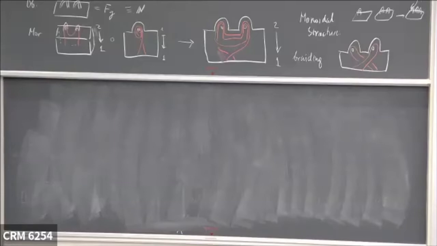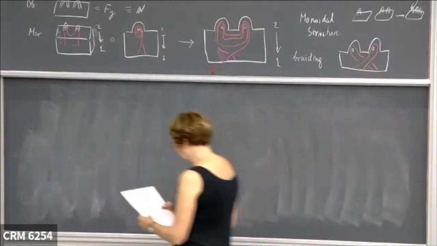If you would like to show that this set is really a proper subset, that there exist diffeomorphic handlebodies which are not equivalent, this would solve this long-standing problem in four-dimensional topology. Okay, so I hope I described it a little bit.